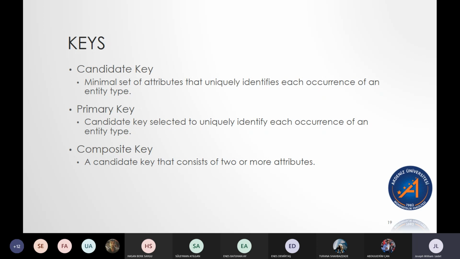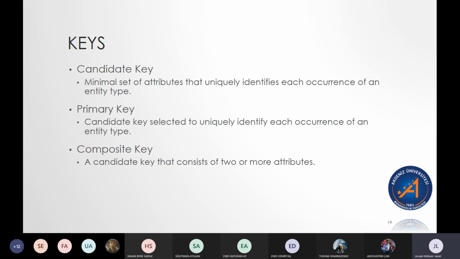And what we're using the primary key for is to uniquely identify every row that exists in our table, ultimately, but in our entity. We can have multiple candidate keys, but only one primary key. And a composite key is anytime a candidate key consists of two or more attributes.